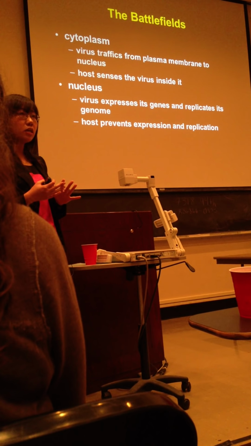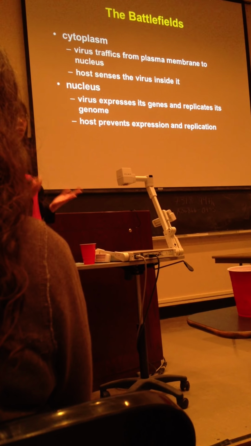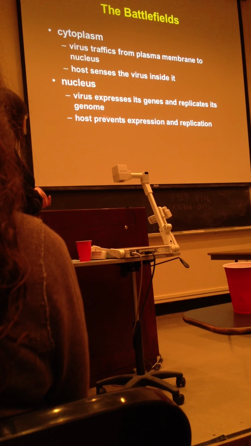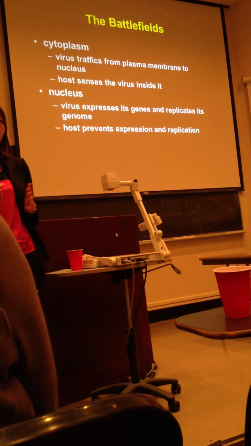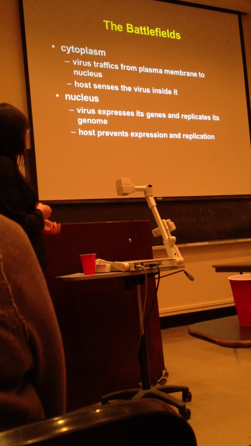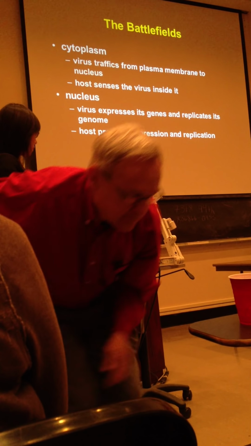For BK, I think the major battleground is the nucleus because, as I told you, this is where everything happens, including viral gene expression, genome replication, and progeny production. How the host manages to prevent all these things from happening is also one of our research areas.